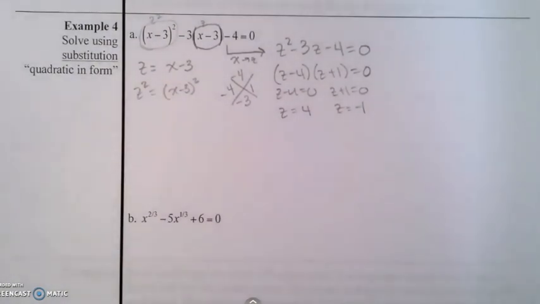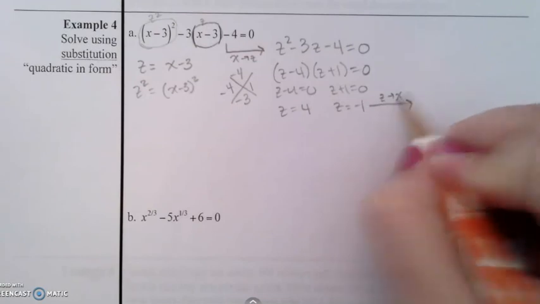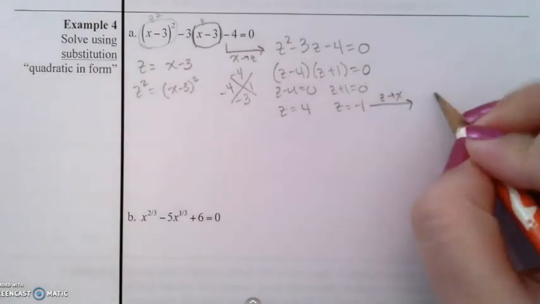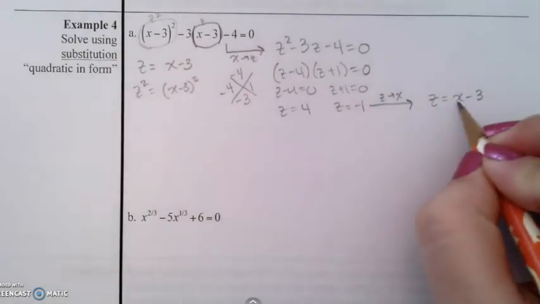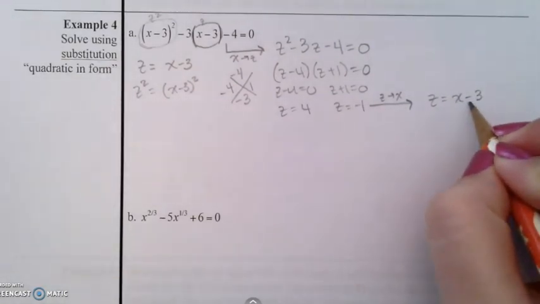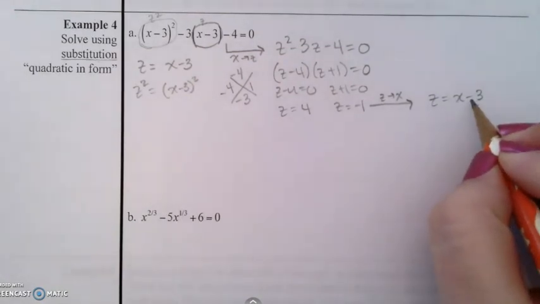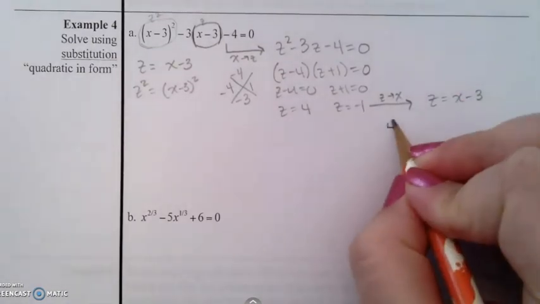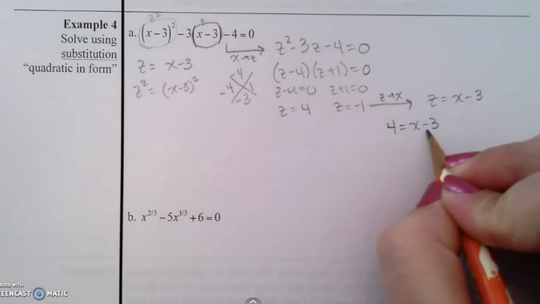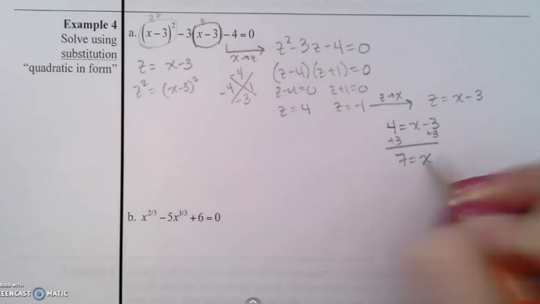That's not the answer to our question. We still have to substitute it back in. So we substitute back from z to x, meaning I start with z equals x minus 3. And I'm solving for x, so you could actually add 3 here, or you can substitute and then add the 3. I usually end up substituting first. So we're substituting back z equals 4, so 4 equals x minus 3, plus 3 plus 3, 7 equals x.